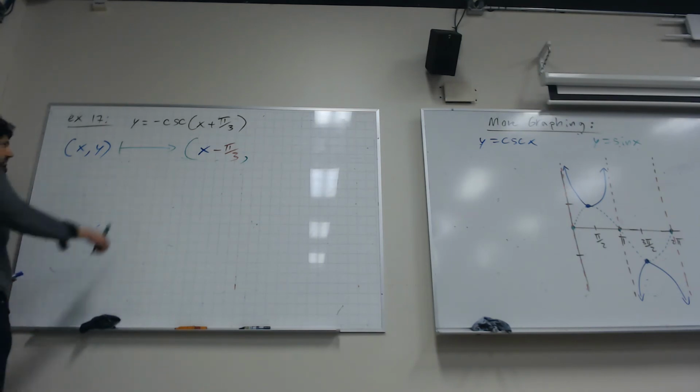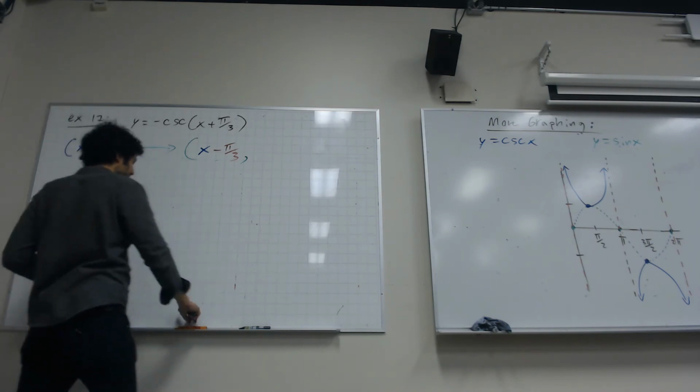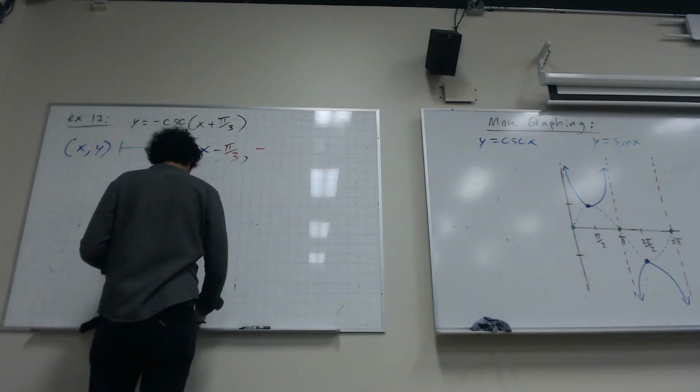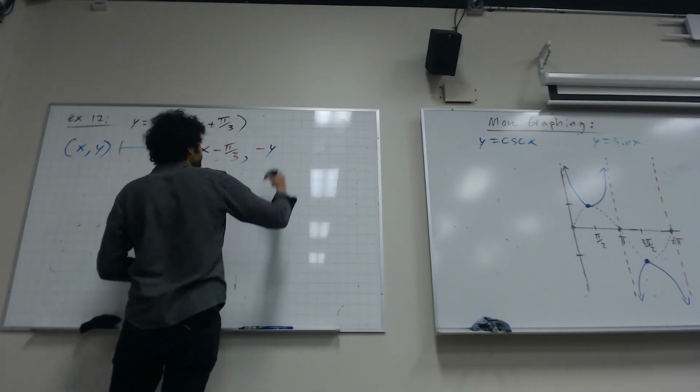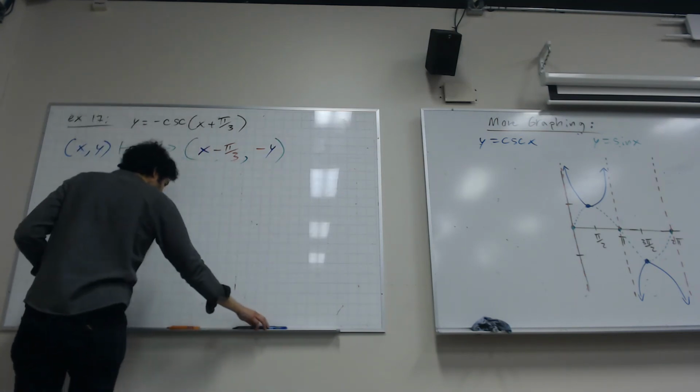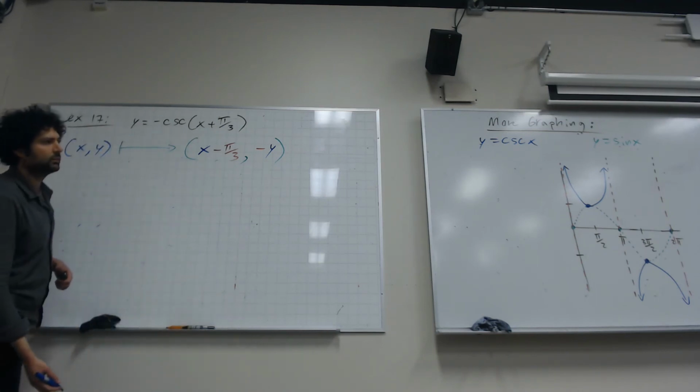Negative y, good, because you just have that negative on the outside. Okay, so what's going to happen with pi over 2, 1?